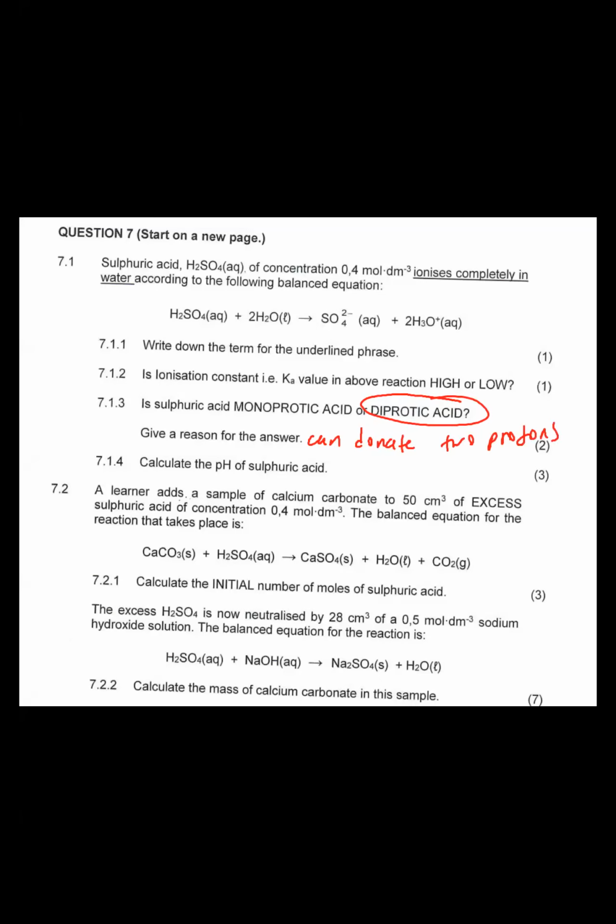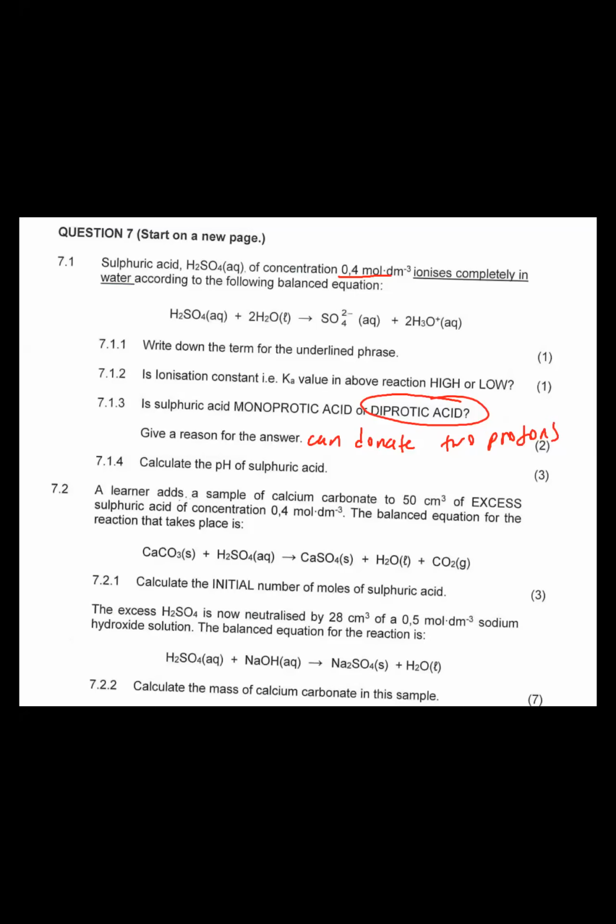Okay. So the concentration of this sulfuric acid is 0.4. What will be the concentration of hydronium ion? If the concentration of sulfuric acid is 0.4, what will be the concentration of hydronium ion? 0.8.